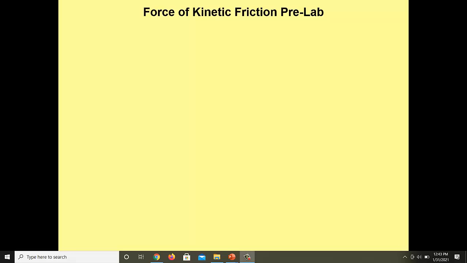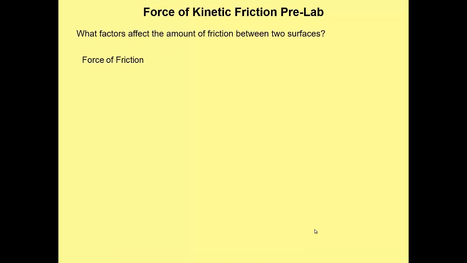A little different, and more difficult to deal with, though, because friction is just a difficult animal. We're going to use a nice Pivot Interactive to look at, which I'm going to go over in a moment. So, what factors might affect how much friction there is between two surfaces that are rubbing against one another? Oftentimes when I ask this question in class, somebody will say, well, what about the mass of the object?